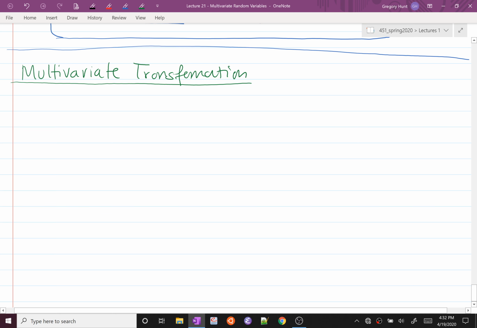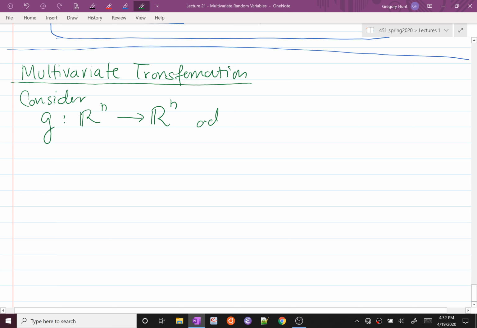So let us consider a function g, and g, my favorite letter for a function, is a function from R^n to R^n. So it takes in a vector in R^n, it spits out a vector in R^n.